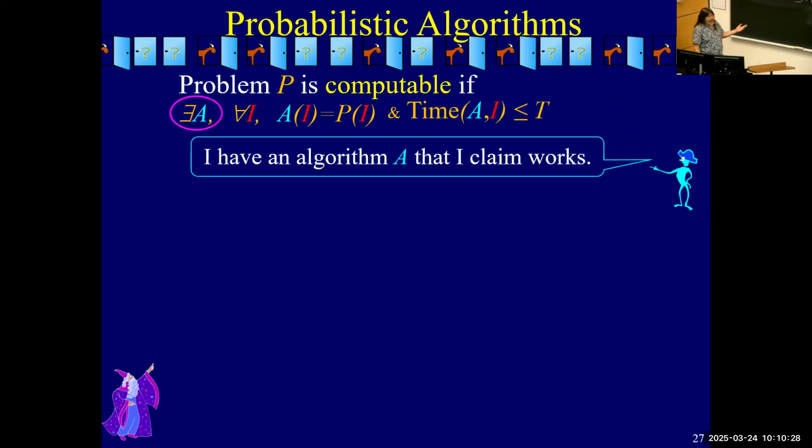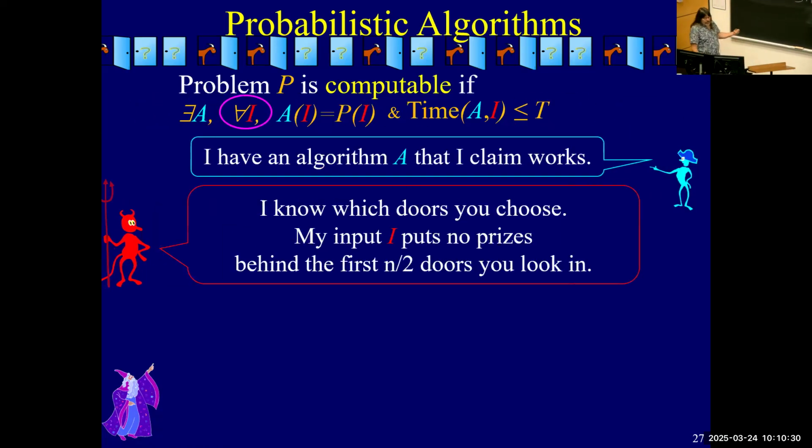Why? I have an algorithm that claims to work. So now the adversary knows which N over 2 plus 1 doors you're going to open first. And one might argue, well, when the algorithm opens the first door, which door it looks at next depends on what it sees in the first door.